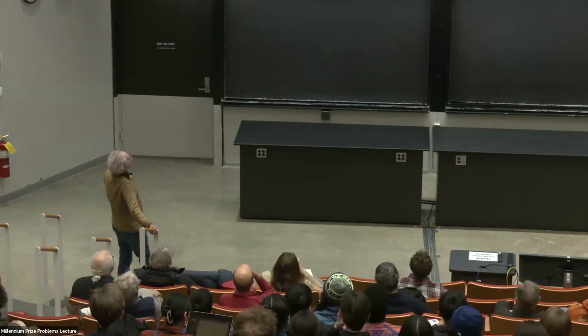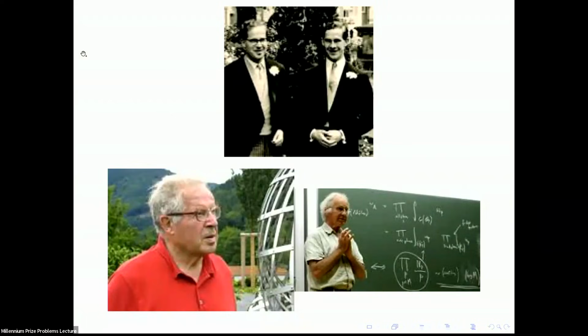Now there you see the originators of our little subject, the Birch and Swinnerton Dyer Conjecture. There's Birch, and there's Swinnerton Dyer in their youth incarnations, and there below in their maturity and wisdom.